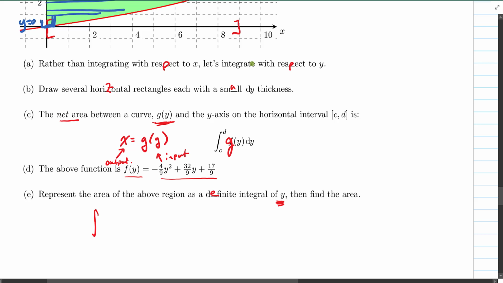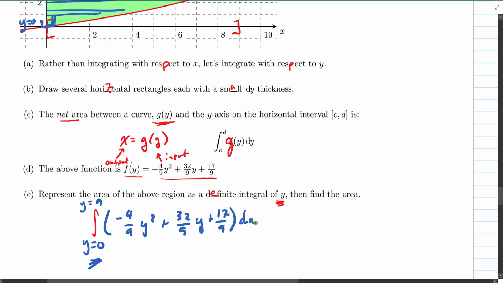So we're going to integrate from y equals 0. Be very careful here, folks. I'm writing that as y equals 0, not x equals 0, up to y equals 9 of our function, minus 4/9 y squared, plus 32/9 y, plus 17/9 times differential y.